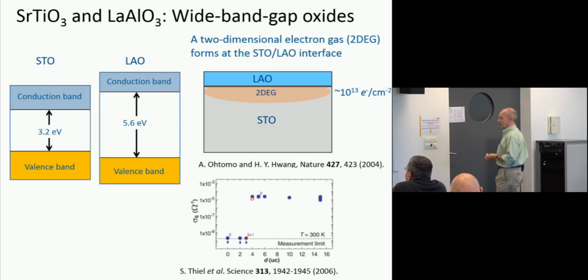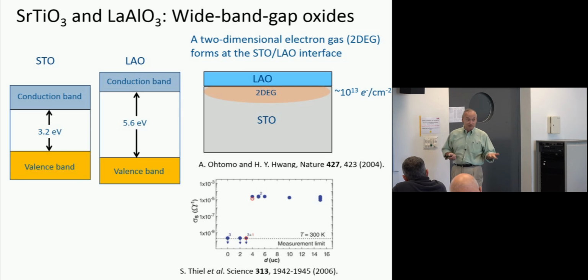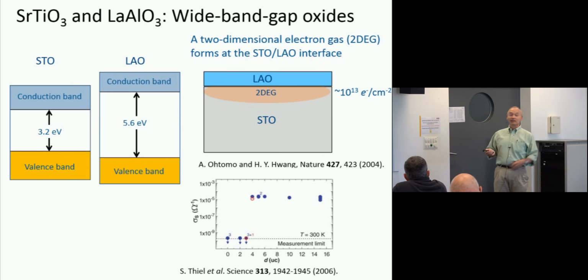And it's on about the same order as what you get in nitride devices, which a lot of people here are working on. But in nitride devices, you work very hard to generate the correct structures to actually give you such a two-dimensional electron gas. Here, it happened spontaneously.